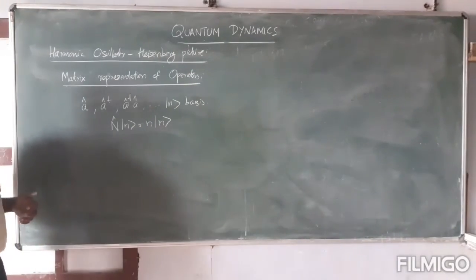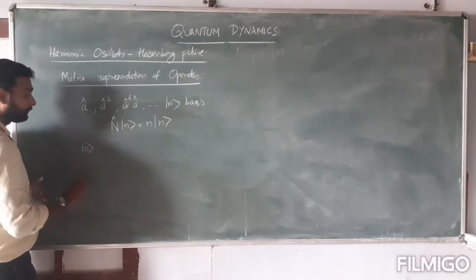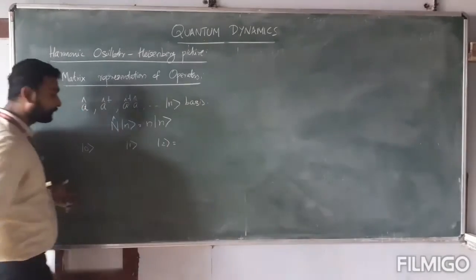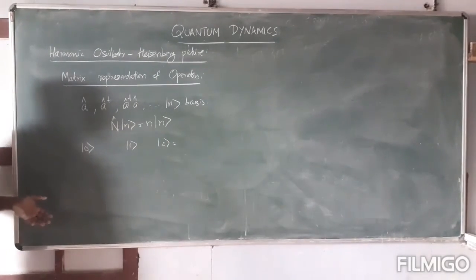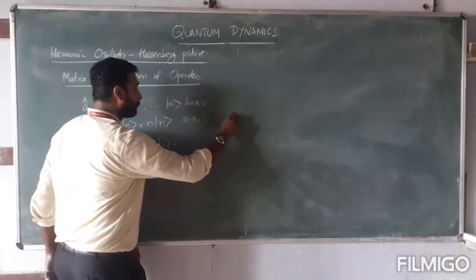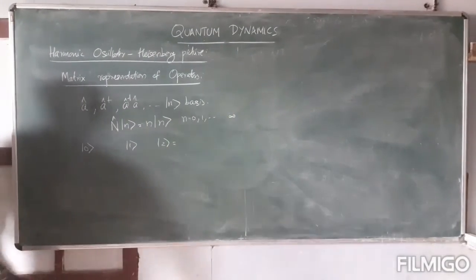So this n can be chosen as a basis, and what are the possible values of n? There can be ket 0, ket 1, ket 2, etc. And what is the dimension of these vectors? The dimension can go up to infinity because n can run from 0, 1, 2 up to infinity. So this is an infinite dimensional vector.